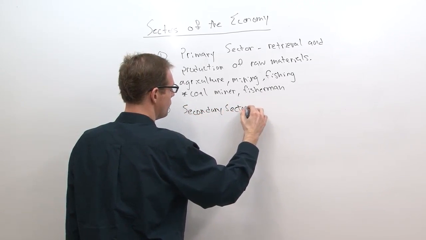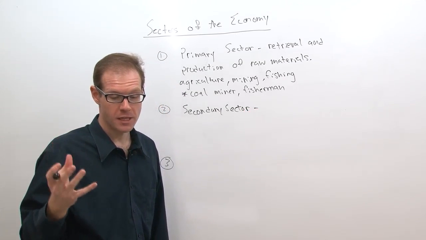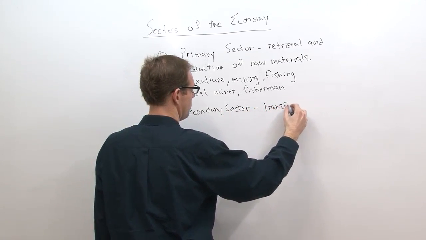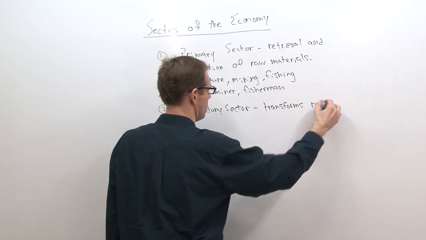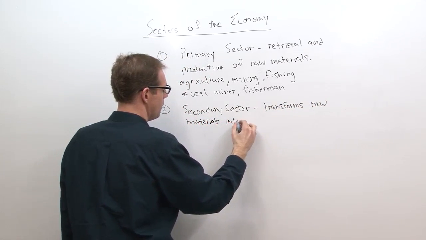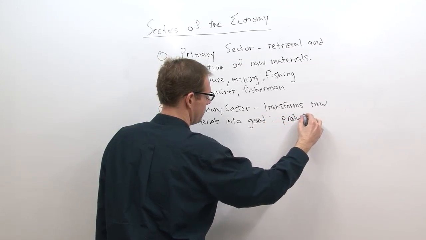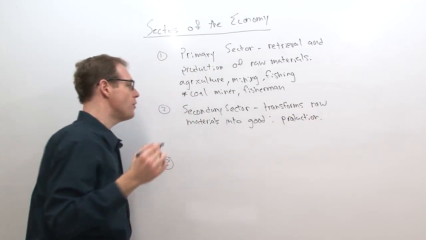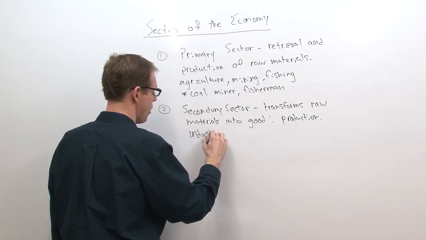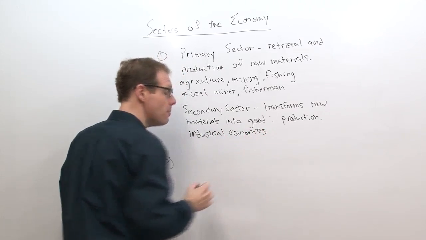The secondary sector, lady or gentleman, involves the transformation of raw materials into goods. In a word, we call this production. So therefore, secondary sector economies would be industrial. These are industrial economies. They make things.